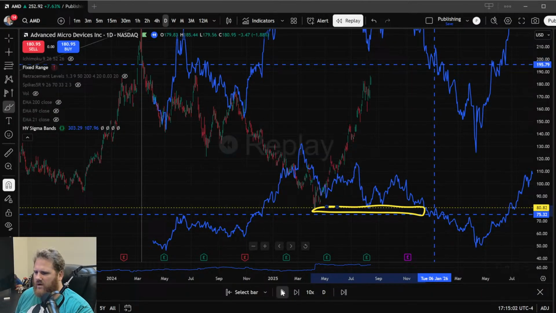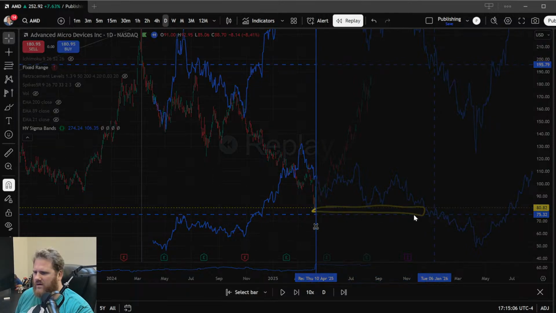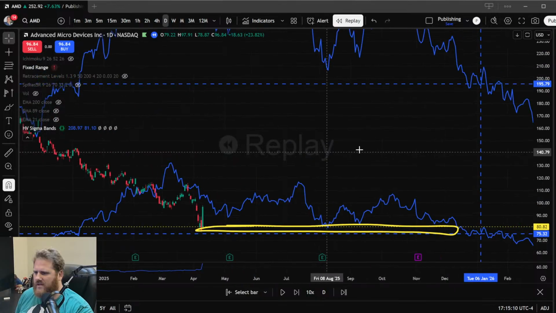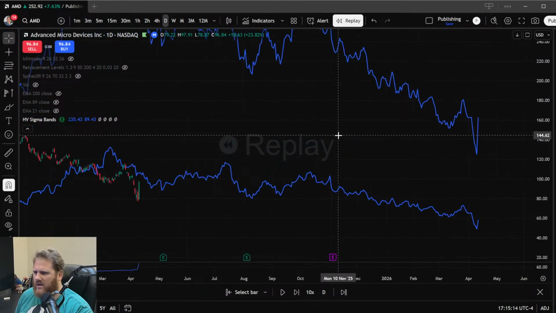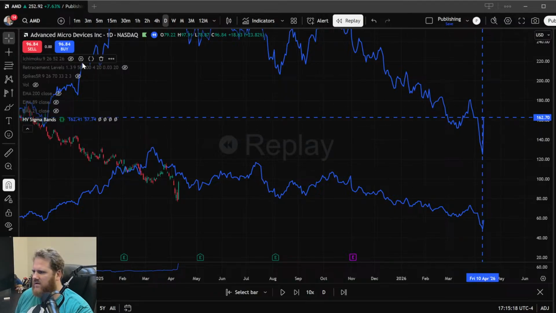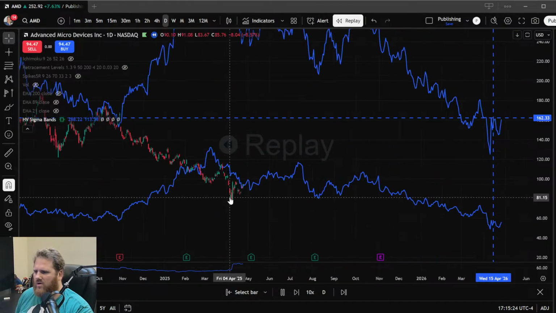If we bought it at that point, volatility has increased, so it has expanded on us. Then our target would have been about 162 on our long from 80.